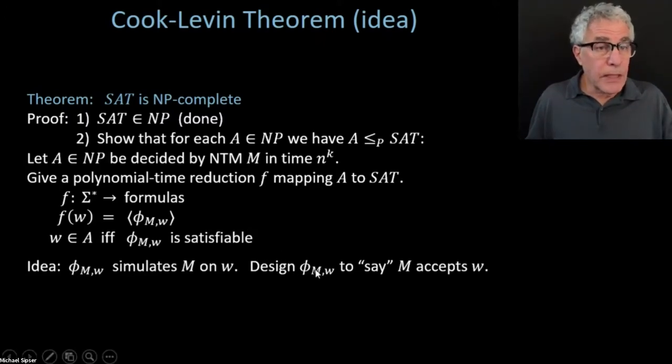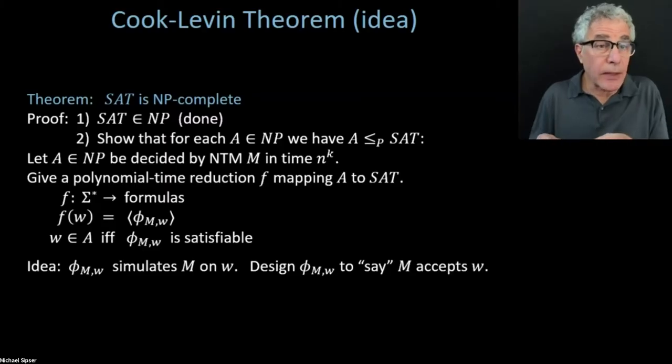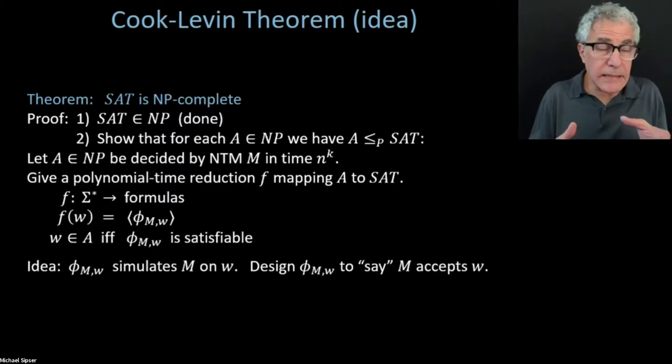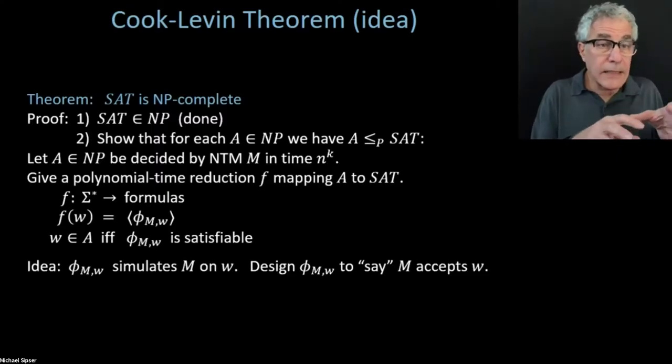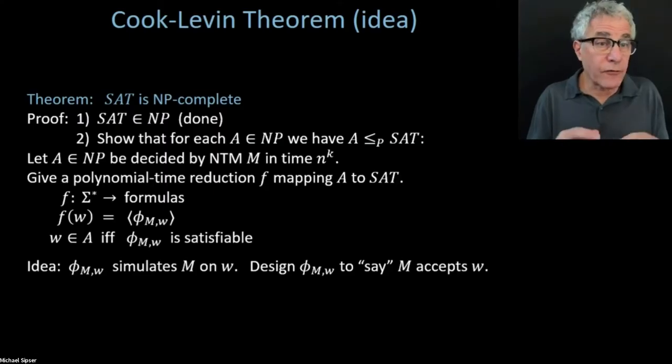The interpretation of that formula is that, in my informal language, M accepts W. There's a lot of parallel here with the PCP construction, where, given a machine and an input, we made a set of dominoes where finding a match forced you to simulate the machine. Here, finding a satisfying assignment is going to force you to simulate the machine.